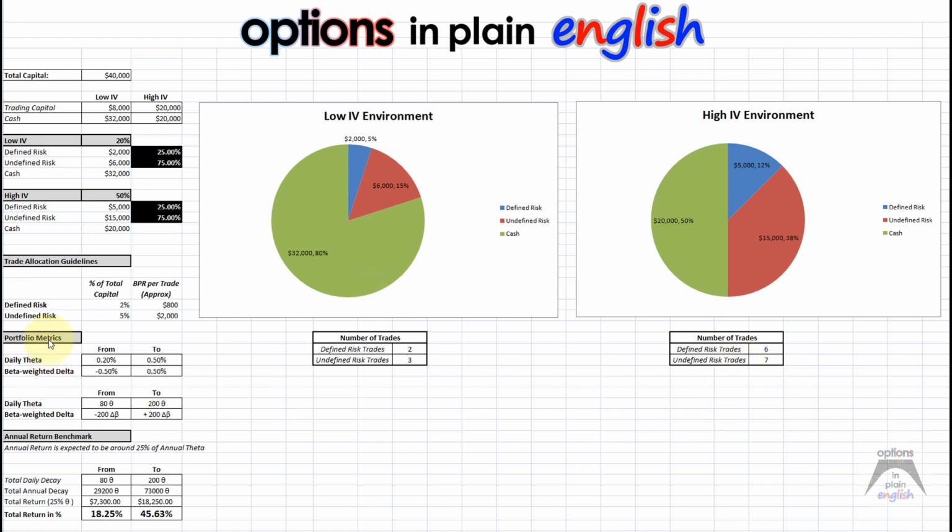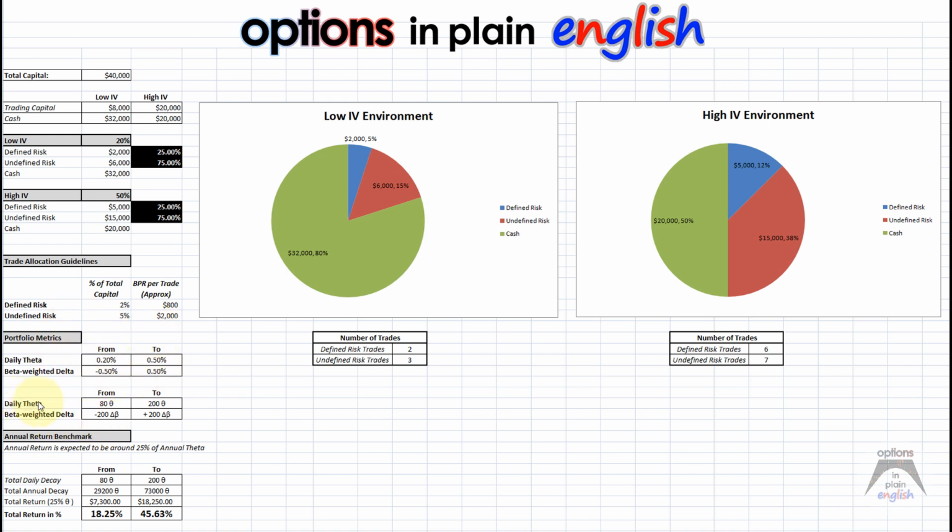Okay. Next, we have portfolio metrics, what we talked about. So daily theta is going to be anywhere from 0.2% to 0.5%, and beta weighted delta is going to be anywhere from minus 0.5% to 0.5%. Okay. This is what we talked about just now.